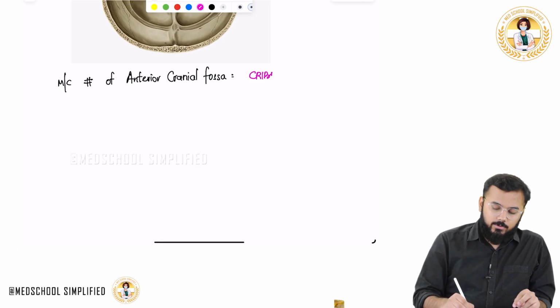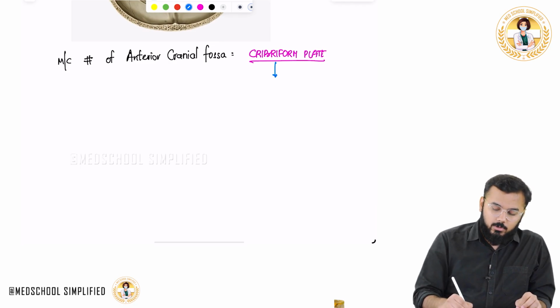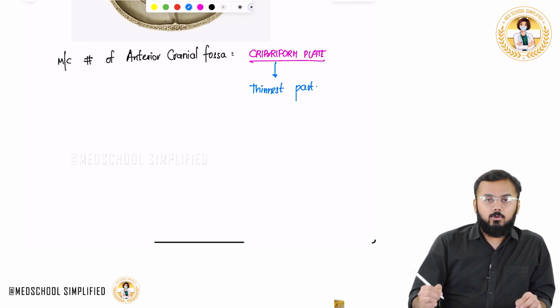That is your cribriform plate, right? Why is the cribriform plate the most common to undergo fracture? Because this is the thinnest part over here.